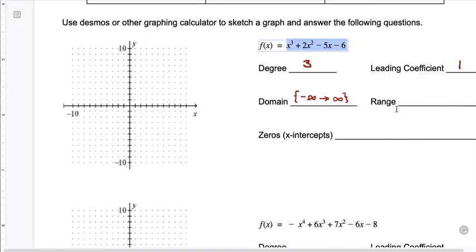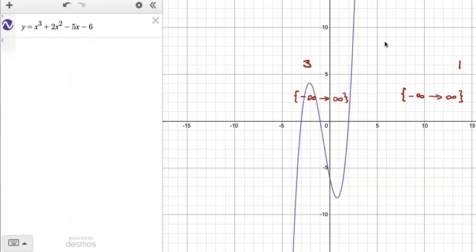This will make more sense when we start hitting situations where they're different. Okay, so finally, what are our zeros? What are our x-intercepts? Desmos can tell us this as well.